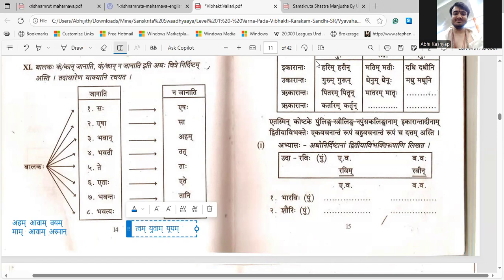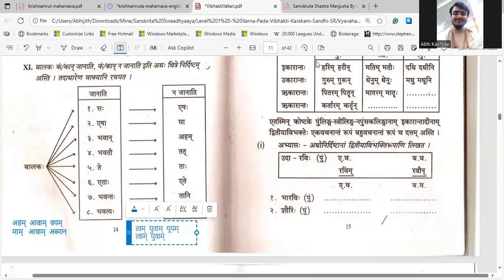Dvitiya Vibhakti, indicating karma. Now, how should we do it? Tvam will become Tvam. Again, Yuvam will remain Yuvam. Dual, the same rule applies. So Dvivachana will remain the same for Prathama and Dvitiya Vibhakti.